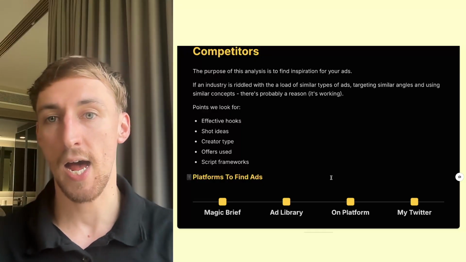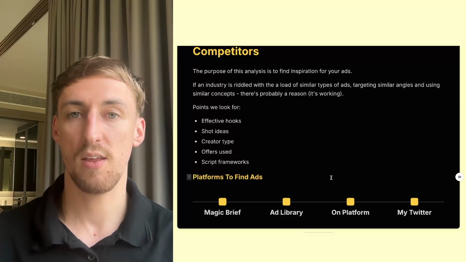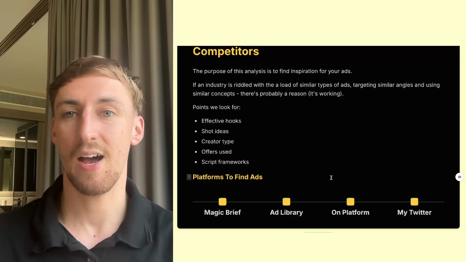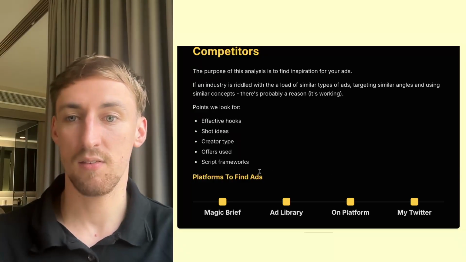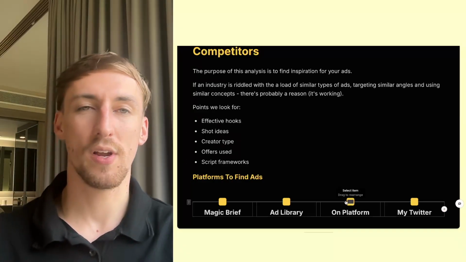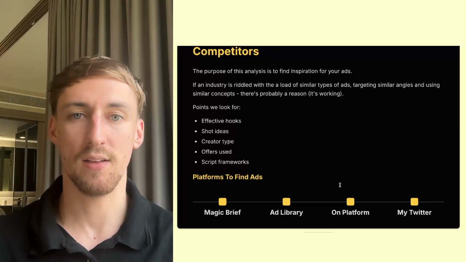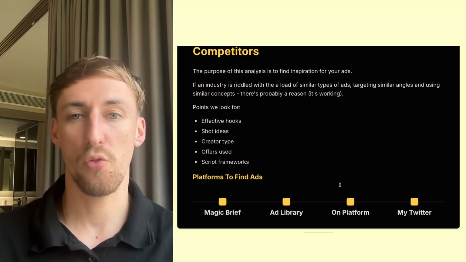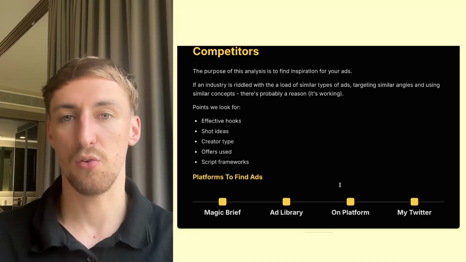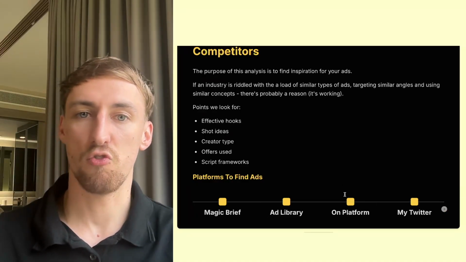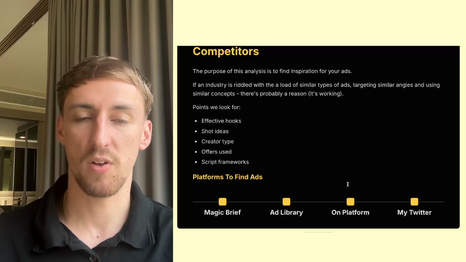You can look at ads, you can look at organic posts, see what's got the most viral views, and see how you can use this in your ads. Organic posts right now are really powerful for getting inspiration for your ads, because authentic ads are performing really well at the minute. So definitely on platform is a great place to look. Don't sleep on that.